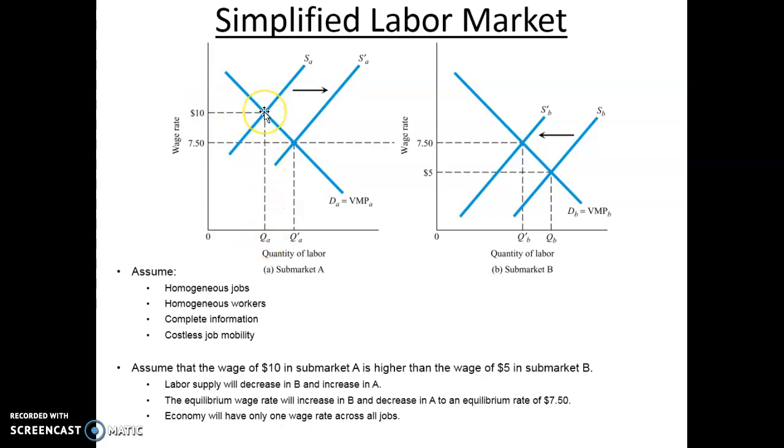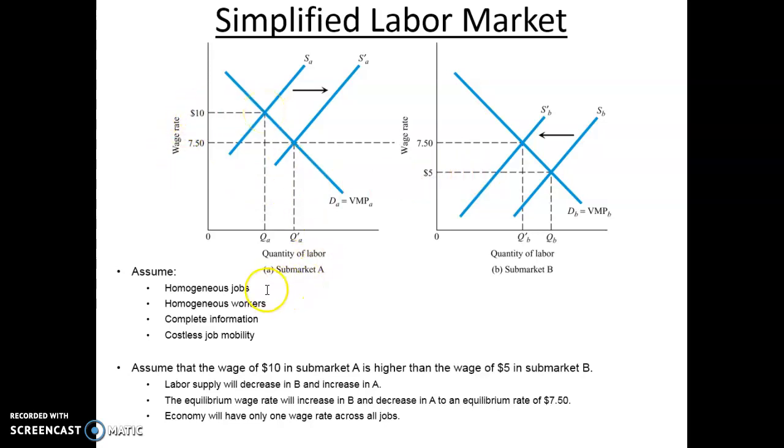QA will be the equilibrium. At the same time, in submarket B, we're going to be at the intersection of the supply curve and the demand curve, but the equilibrium wage here is going to be $5. It's going to be at equilibrium quantity QB. So submarket B is bringing about a $5 wage, and submarket A is bringing about a $10 wage.